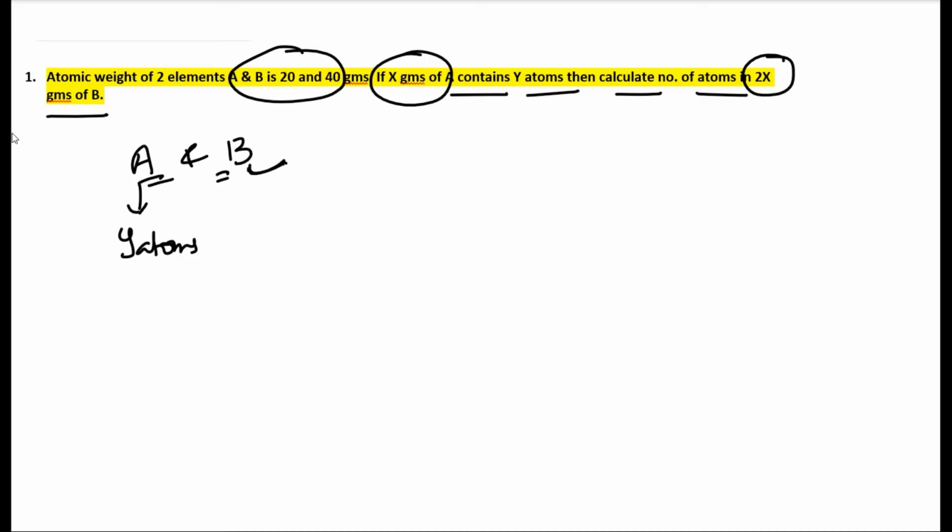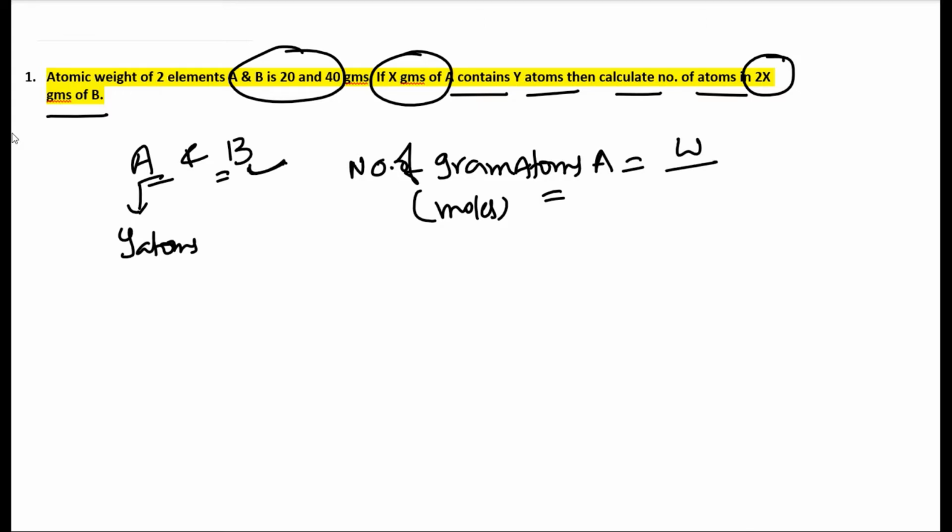That's all. First, you just calculate the number of gram atoms. Number of gram atoms is nothing but number of moles. I already told you in today's session. So the number of gram atoms of A is weight by gram atomic weight or gram molecular weight.